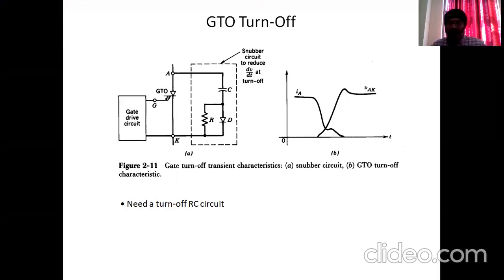So that's why we need a kind of protection circuit which can protect the device from large dV by dt. This circuit is called a snubber circuit, which is a simple RC circuit. In this case, it is an RCD circuit, R, C, and D. We'll talk about this.